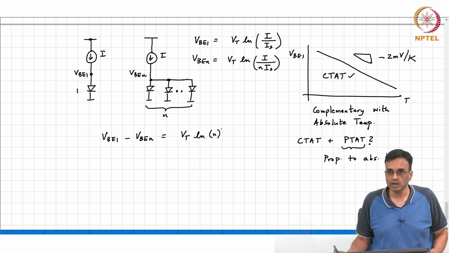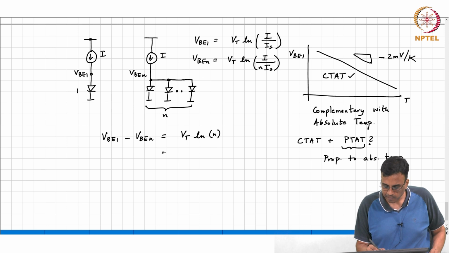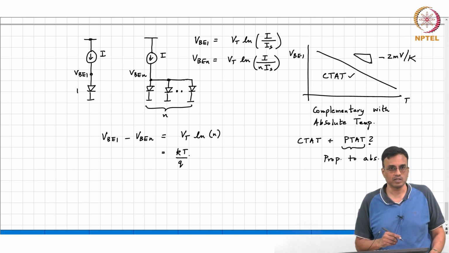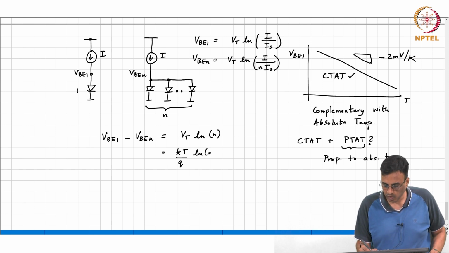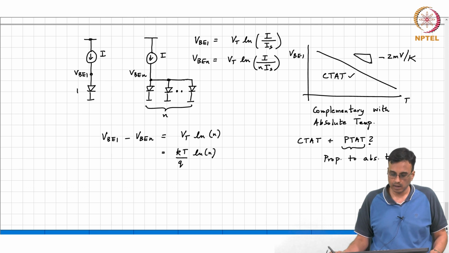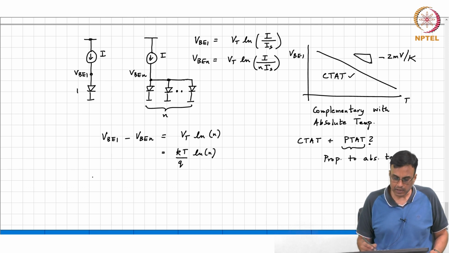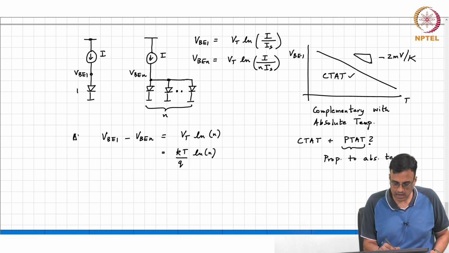No, it is just a number. Fortunately, ln n does not change with temperature, right. The only thing that changes with temperature is VT, which is kT by q, where k is Boltzmann's constant, q is the charge on an electron, and so this is ln n. And therefore, what is the temperature coefficient of this delta VBE?